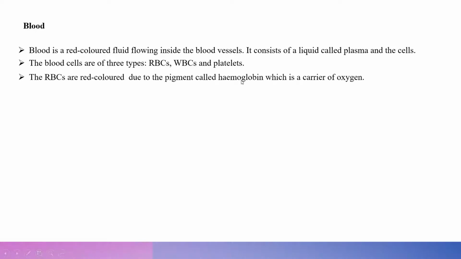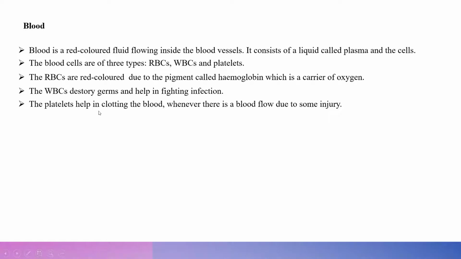The RBCs are red colored due to the pigment called hemoglobin, which is a carrier of oxygen. RBC stands for red blood cells. The WBC destroys germs and helps in fighting infection. That is the white blood cells. The platelets help in clotting the blood whenever there is a flow due to some injury.